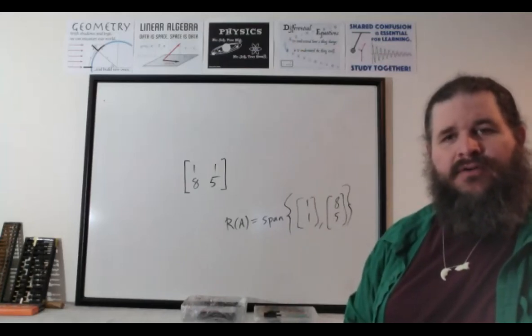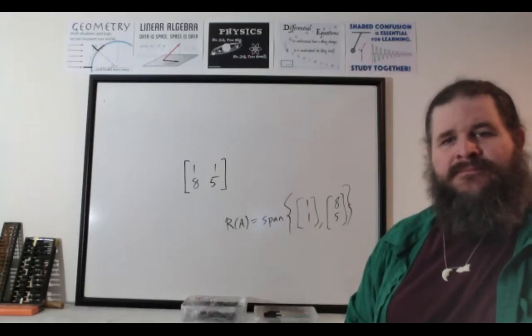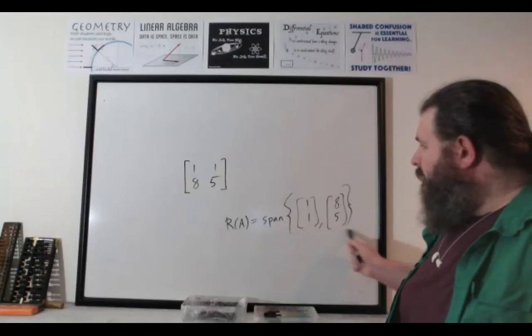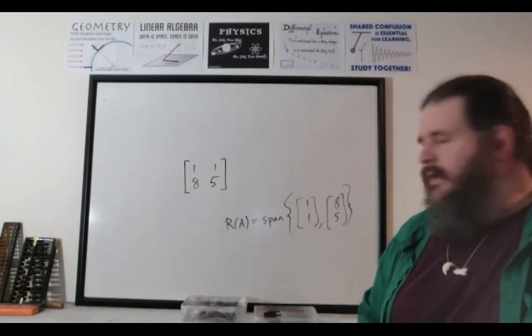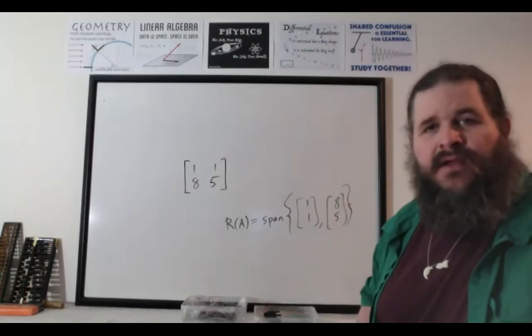How much of R2 are we talking about? What would you say is the dimension of this row space? 2. Yeah, this is two-dimensional because we've got two independent vectors in the basis.